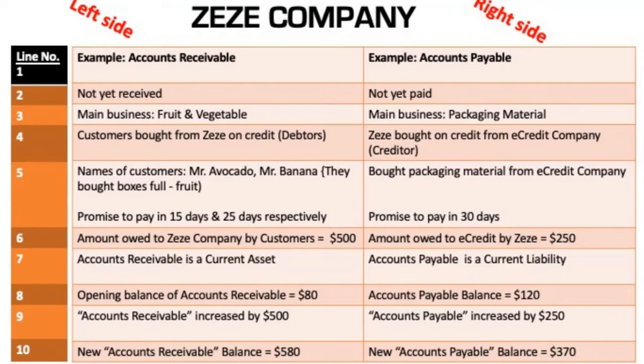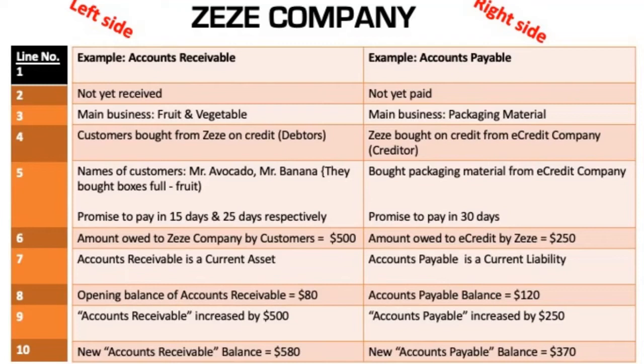So we are still on the left column. When you look under line number 3, let's assume the main business of Zeze Company is selling fruits and vegetables to the entire public.